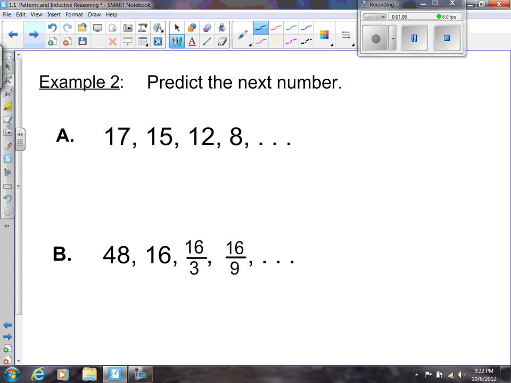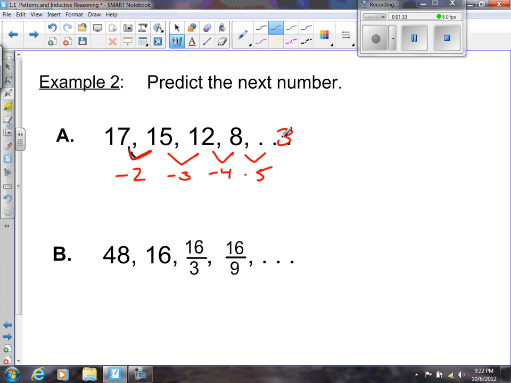Different ways to do this. Oftentimes I look for what I'm adding or subtracting. What's the difference between these two consecutive terms? So 17 to 15, I took 2 away. 15 to 12, I took 3 away. 12 to 8, that's 4. So if I'm going to predict the next number, I'm going to take 5 away, which would give me 3.